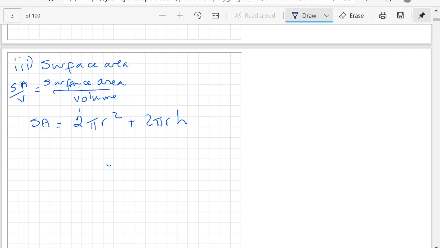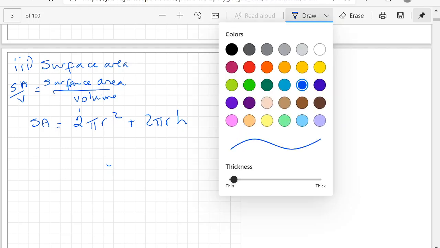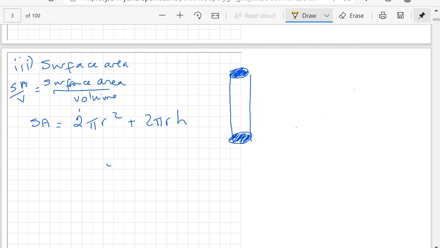Let's look at this. Here's your cylinder. If we want to get all of this, we're looking at surface area. So we need the area of the bottom of the cylinder, the area of the top of the cylinder, and then the area of the outside. That gives us the surface area of the whole thing.